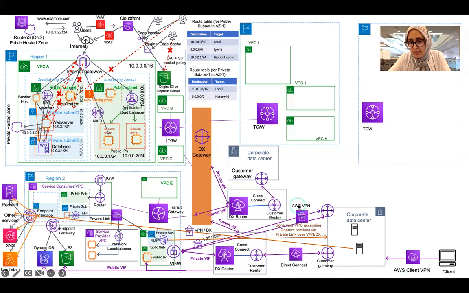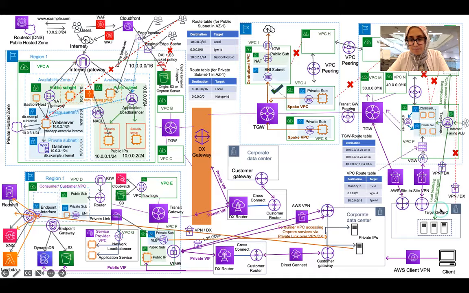Connecting your data center to AWS is a site-to-site VPN, but with AWS Client VPN, you have a client, like an employee, trying to reach out to corporate data centers, and then from there connecting to AWS, they can use an AWS Client VPN.